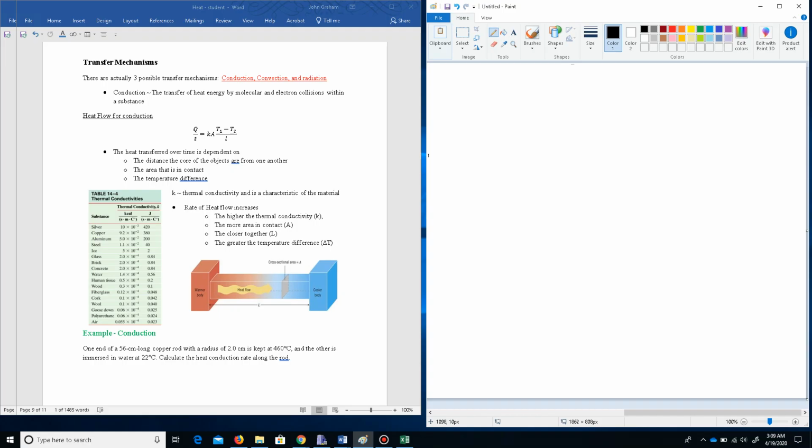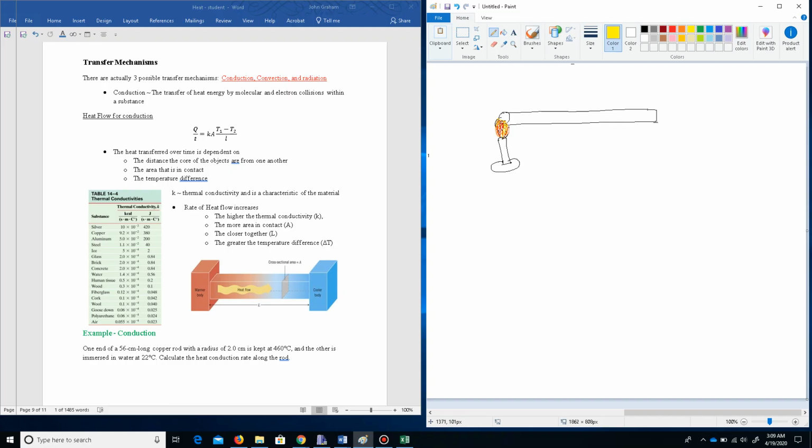Let me draw an example up here. Let's say you have a rod and at the end is a Bunsen burner that has a flame. I don't know how to draw a flame that well, but that's some red, that's some yellow.